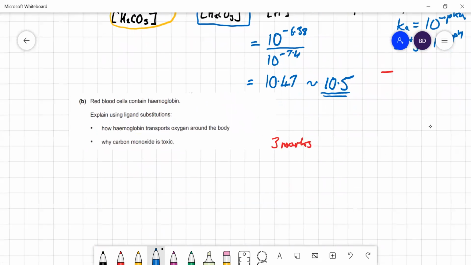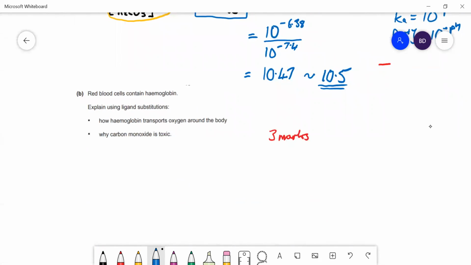Red blood cells contain hemoglobin. Explain using ligand substitutions how hemoglobin transports oxygen around the body. Well, the hemoglobin contains the heme group, which has a central Fe2 plus ion, and that forms a complex ion.